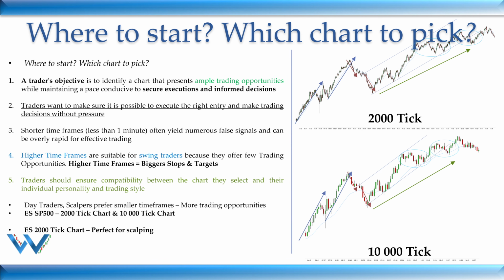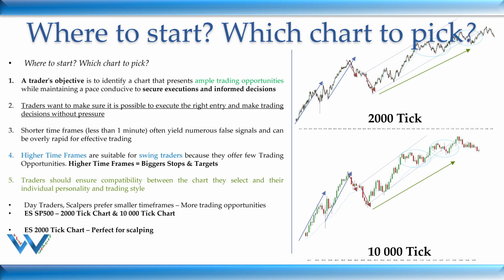Your first objective that you need to understand is that you want to trade a chart that offers plenty of trading opportunities, but the chart is not too fast for you to make bad decisions, or it is almost impossible to execute right trades, or that there are fake outs.